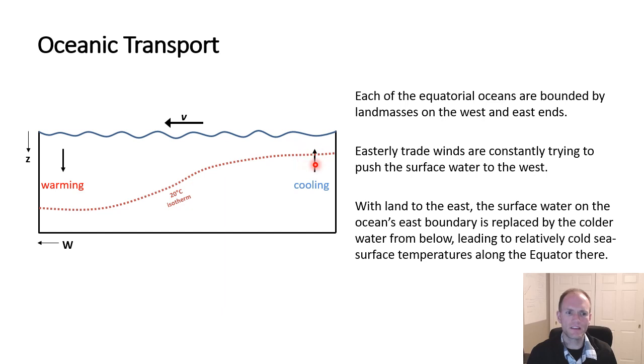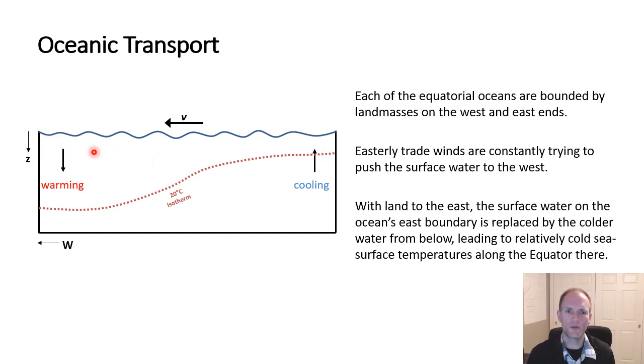So we've depicted this with this black arrow here, depicting the relatively cool, deeper subsurface ocean water being upwelled, or brought upward toward the surface here. That's associated with relatively cool ocean temperatures at the surface here in the eastern equatorial Pacific and eastern equatorial oceans, but also a relatively shallow depth to the thermocline as you push that upward, kind of advecting it upward by this upward directed vertical velocity.